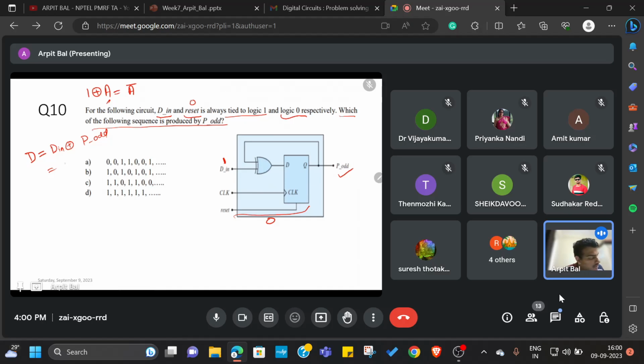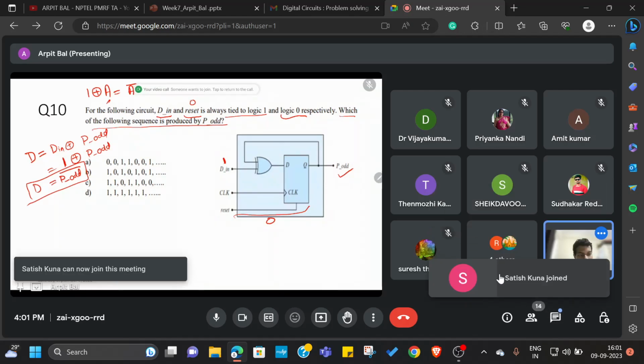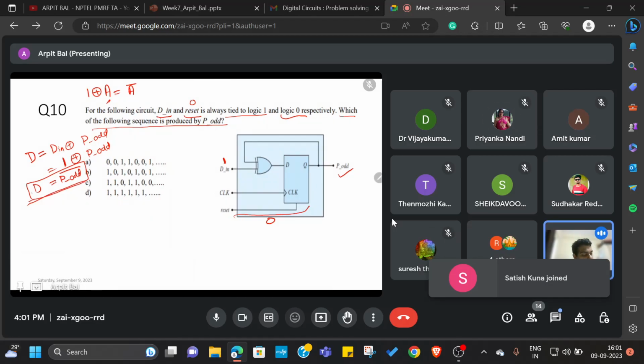So here we see that D in is given to us as 1, so this is 1 XOR period. So we can reduce it further by writing it as the complement of period. Is this point clear for everyone? Yes. Okay. So this actually simplifies our discussion a bit further.